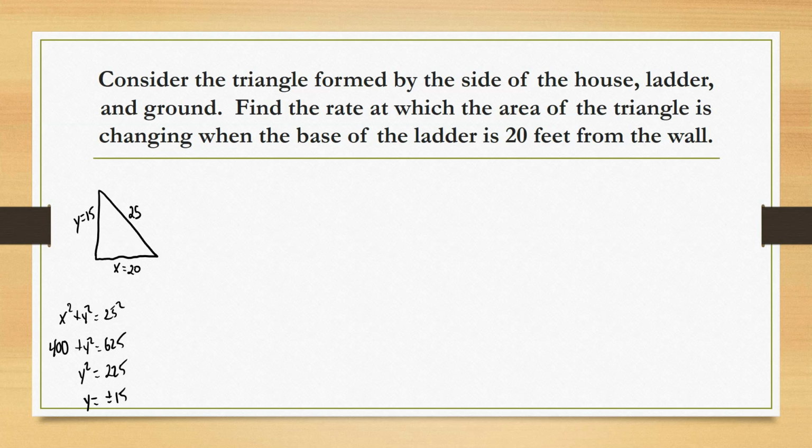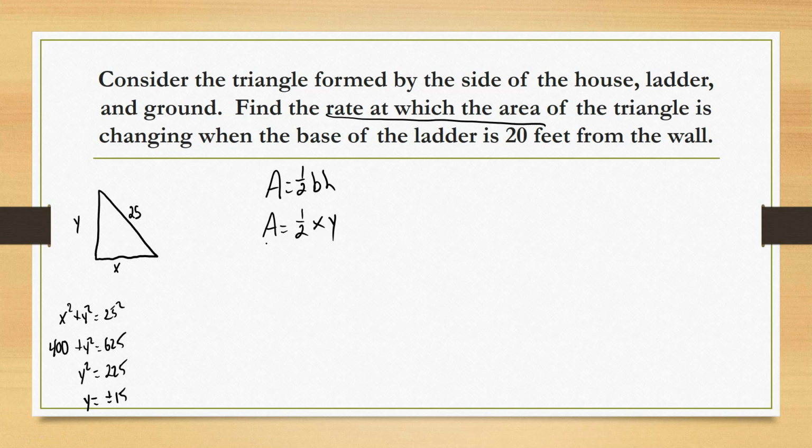Now, here's the issue. This asks for the rate at which the area of the triangle is changing. Well, we know that area equals 1/2 base times height, right? What's the base? Ignore that this is 20 and 15 for now. Just looking at this normally, what's the base and what's the height? A equals 1/2, base is x, height is y.